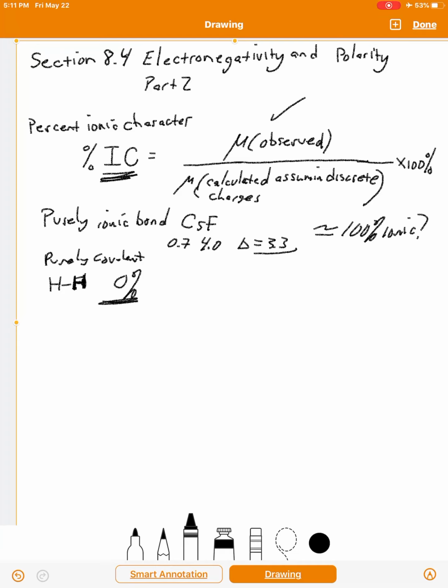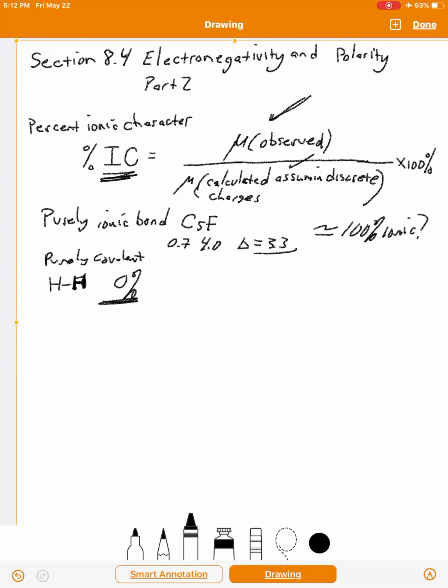So what this formula does is it says, hey, someone's going to measure the dipole moment. So this is measured up here. Then you're going to calculate the dipole moment using the assumption that each atom has an entire charge, a discrete charge.